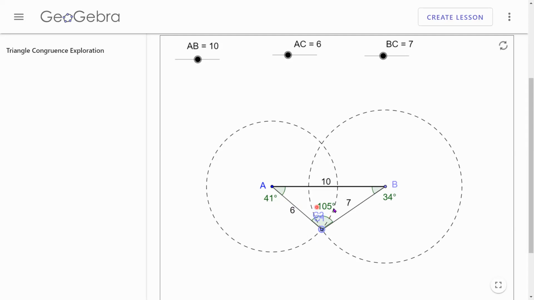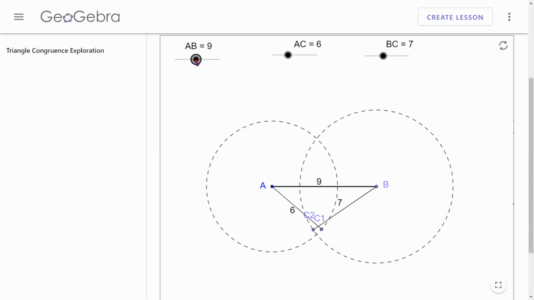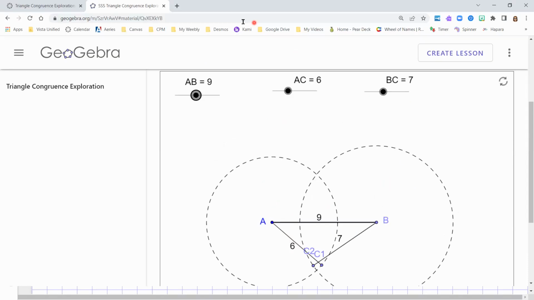It has a 41 degree, a 105 degree, and a 34 degree. Now you can adjust these and try different lengths here and see if that always happens, but it is going to always form the same triangle if we have 3 lengths that are going to be consistent the whole time.